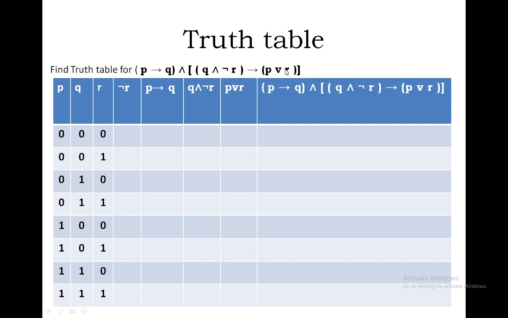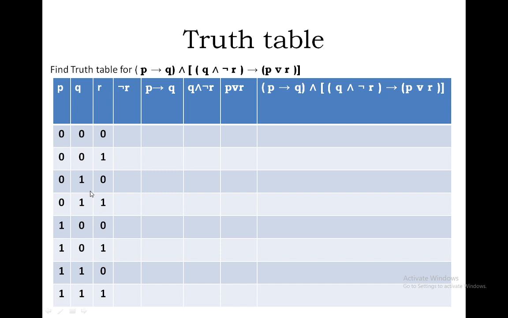When it is a combination of many propositions together with the basic connectives, it is called a composite statement. First we have to look into this statement and see how many primitive statements there are. One is P, another is Q, another is R. There are totally 3 primitive statements.